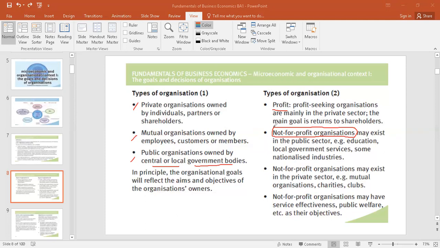Not for profit organizations may exist in the public sector, for example education, local government services, some nationalized services. Then not for profit organizations may exist in the private sector.